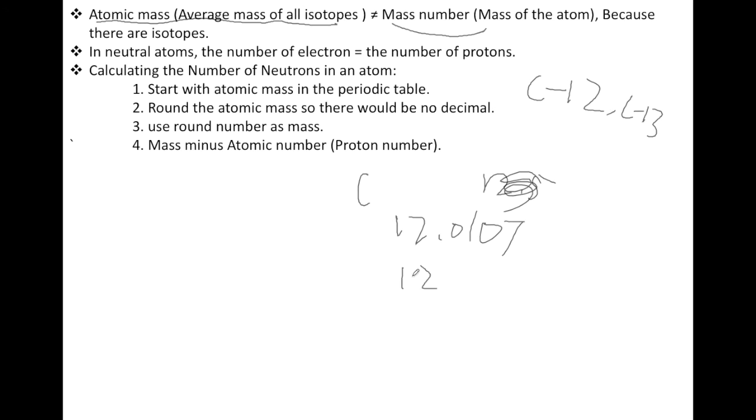This is going to be most abundant, so carbon's atomic number is 6. Basically, what this atom is going to look like, again, I am using a not accurate representation of the atom, just to help you visualize it, is 1 proton, 2, 3, 4, 5, 6, 7, 8, 9, 10, 11, 12.